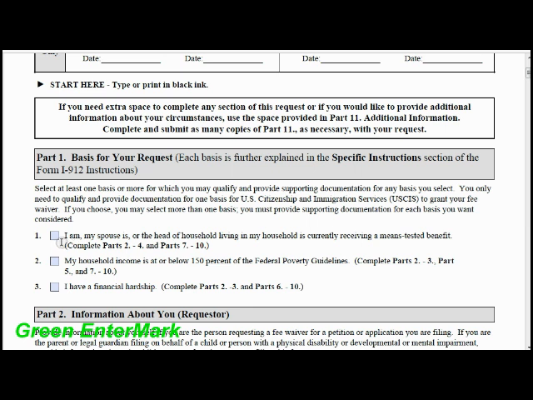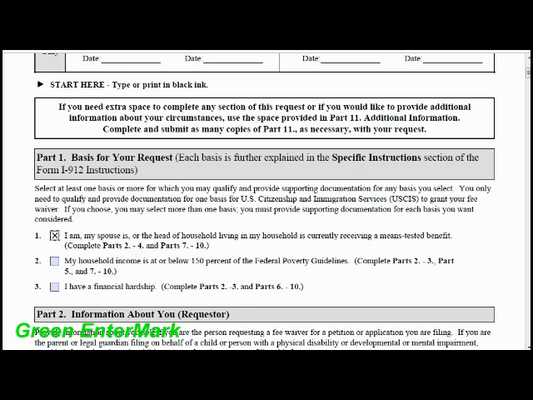Once I have clarified, you have to see the relevant parts for your excuse. For example, if you mentioned excuse number 1, you have to check Parts 2 and 4 and 7 to 10 and how to fill them out. After that, fill out these parts and submit your form, along with the other forms for which you are submitting the fee waiver, to the USCIS office by mail.